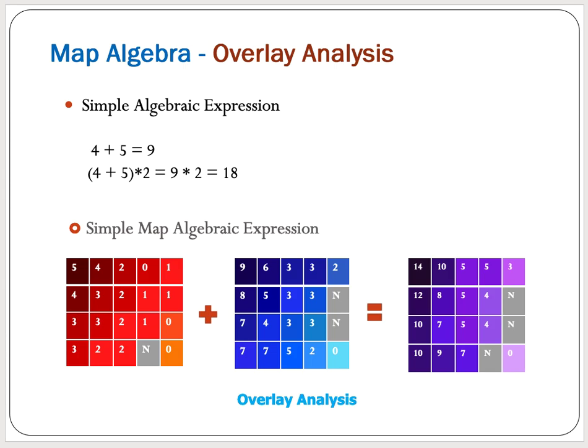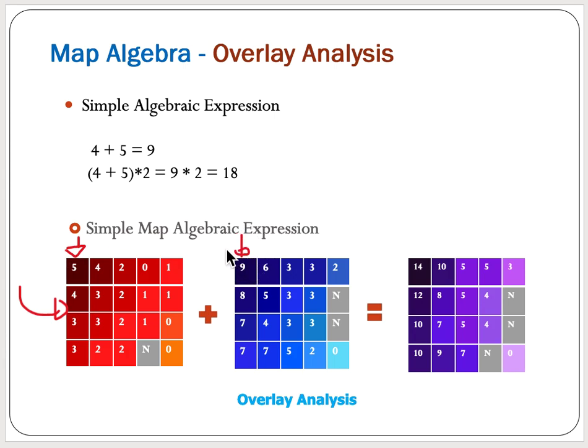So again, for map algebra, there are simple algebraic expressions. An example is a sum algebraic expression, so 4 plus 5 equals 9. Here is an example of a sum algebraic expression. So we have two separate raster layers, and they're using sum. So the grid cell here is 5, and the grid cell here is 9.